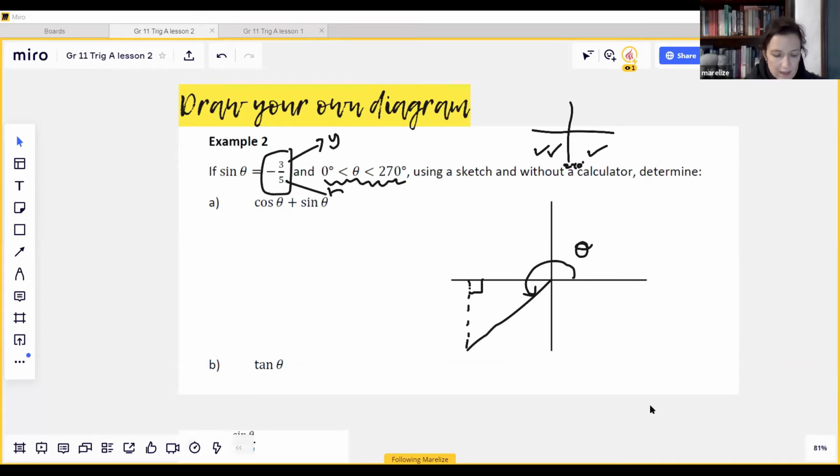It's the y and the r. So r is going to be 5, always positive, and y is going to be -3. It's got to be negative, right? Because this side here that I've drawn in is on the negative side of the y-axis, so it's got to be negative.